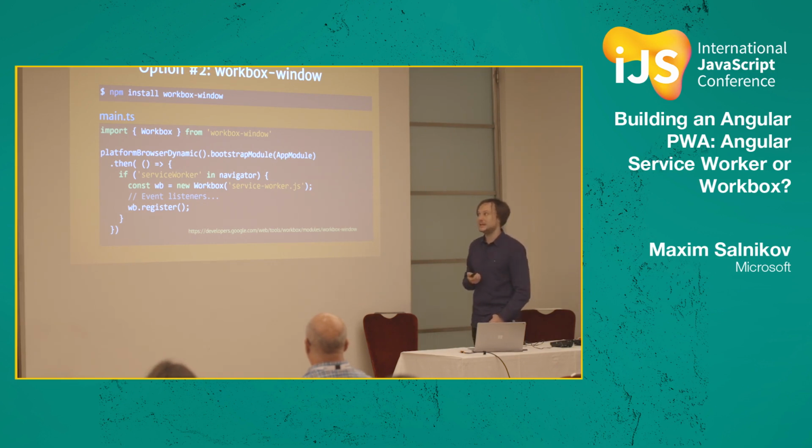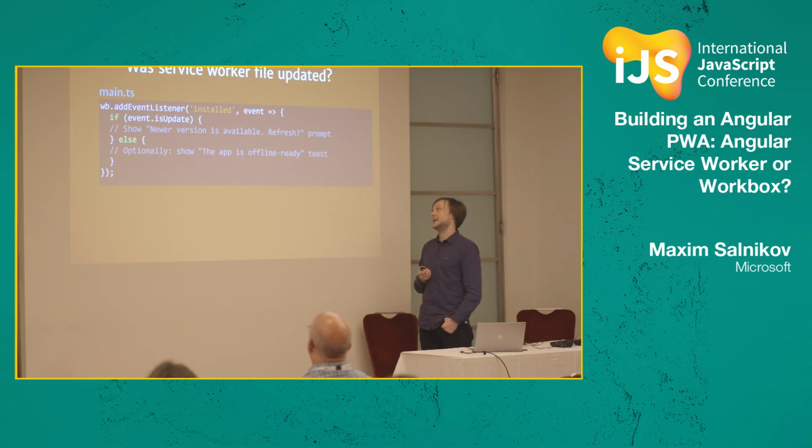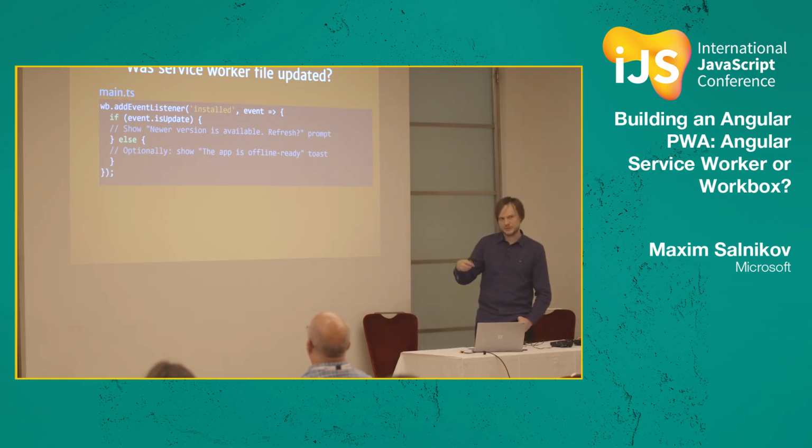But what we can add here are some listeners. Good. And one of the listeners called installed, provided by the Workbox library, so provided by the folks who wrote Workbox, is actually what we need. So if the update property equals true, we are good to show this message.